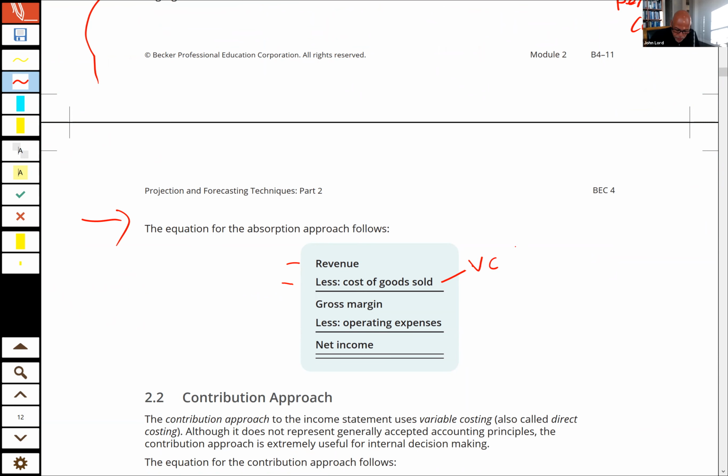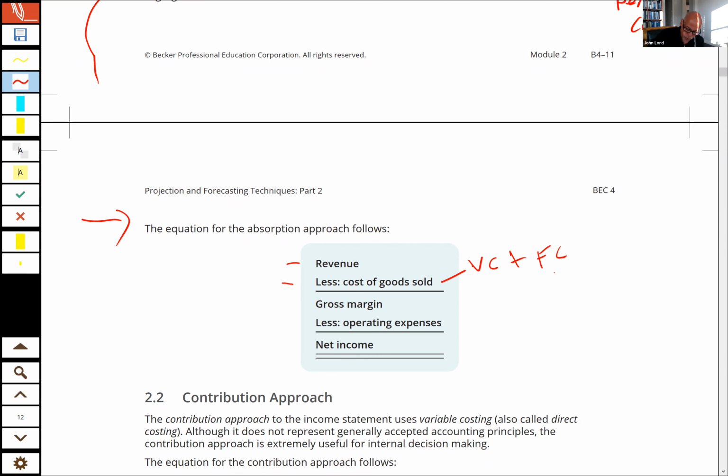Are there fixed costs in our cost of goods sold? Possibly. Well, why wouldn't there be? Yeah, there would be some fixed cost in there, unless we didn't have any fixed costs. But if we have fixed costs, there will be some in there, right? Okay, probably they're getting applied through the overhead.